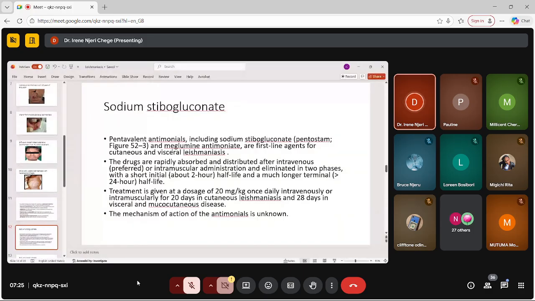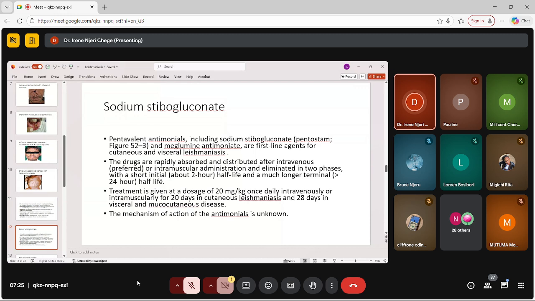They are converted to toxic stibogluconate species that then kill the amastigotes. And these amastigotes, remember, are in the macrophages of the human or the mammal. So this conversion to the active drug occurs in the amastigotes.